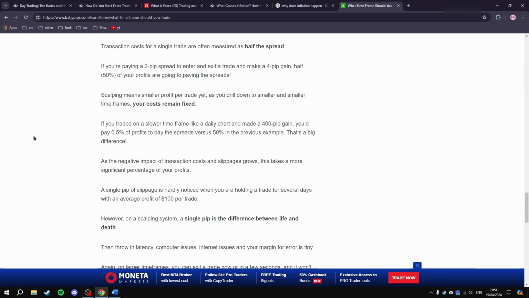Scalping means smaller profit per trade, yet as you drill down to smaller and smaller time frames, your costs remain fixed.